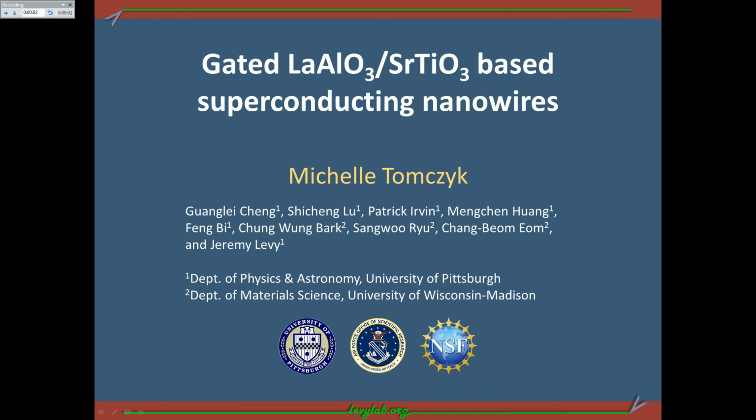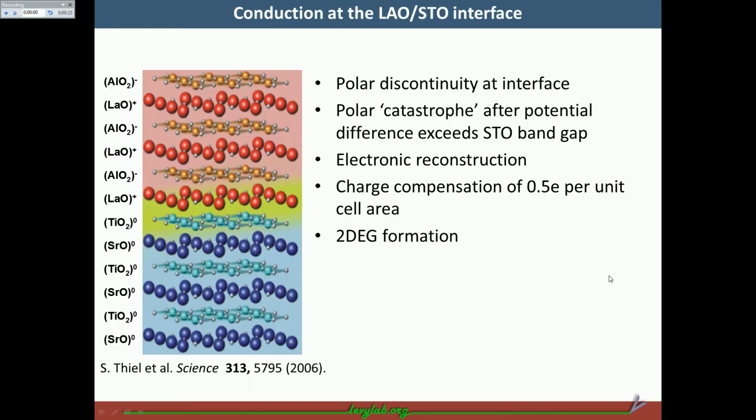My name is Michelle Tomchek, and I'm a graduate student at the University of Pittsburgh. And today we'll be presenting some recent data on the effects of gating on lithium aluminate strontium titanate heterostructure devices at low temperatures.